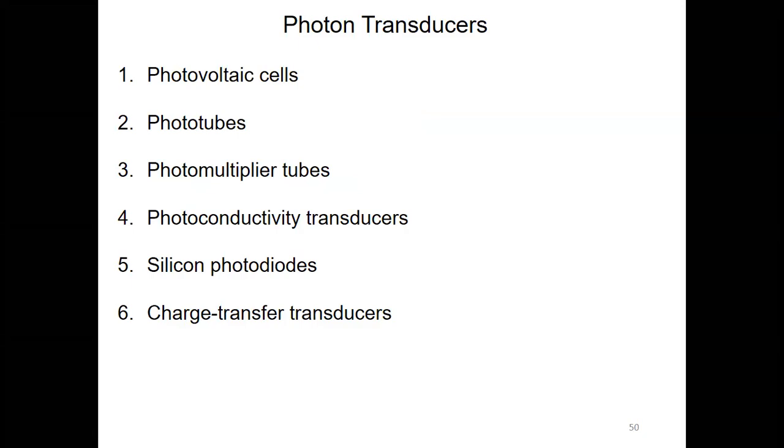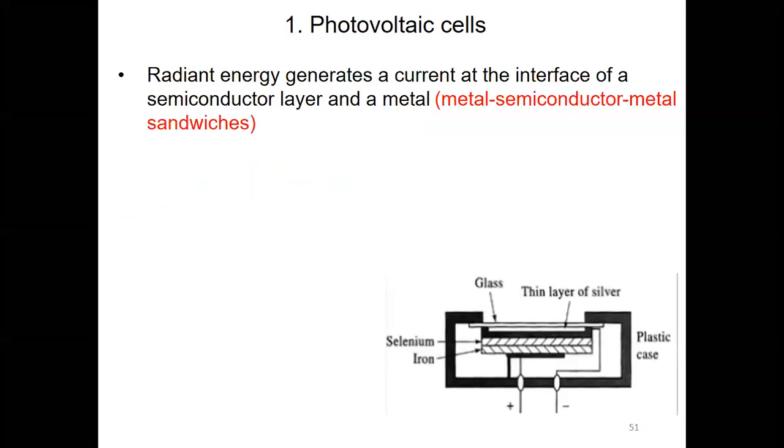So listed here are some examples for the photon transducers, and we will briefly go through each and every example. Okay. The first one, photovoltaic cells. So that is the very first example of the photon transducer.